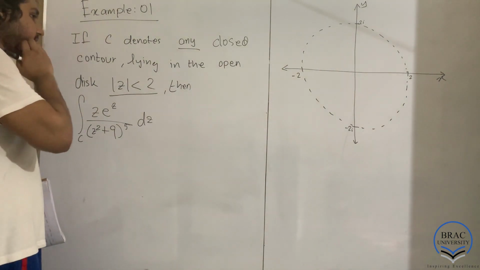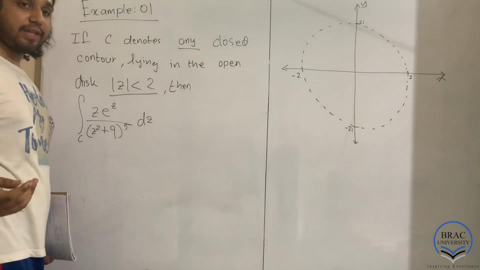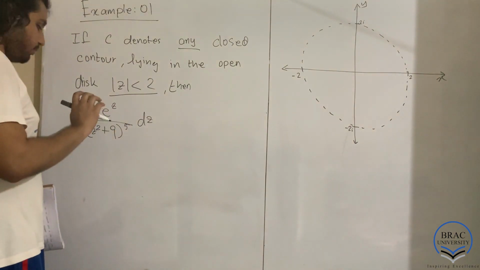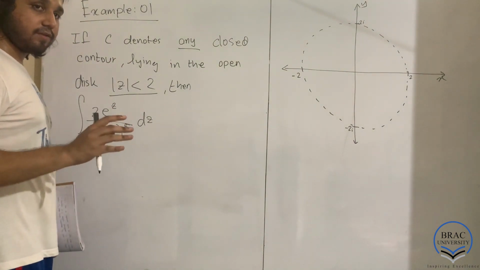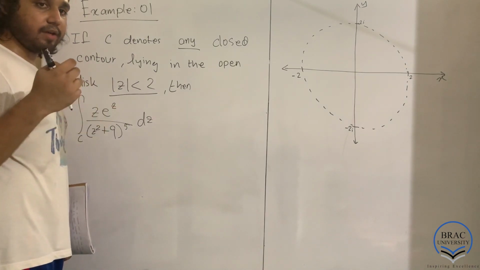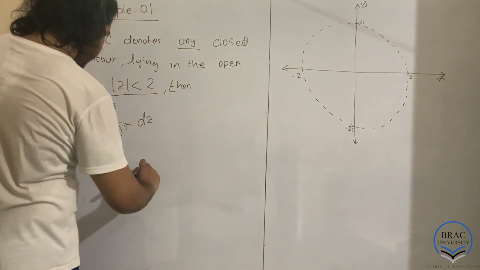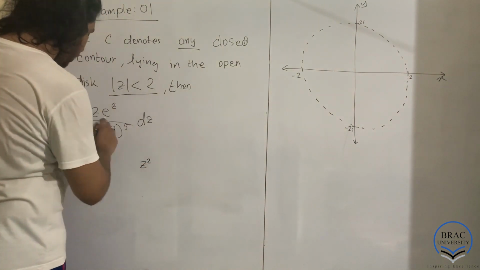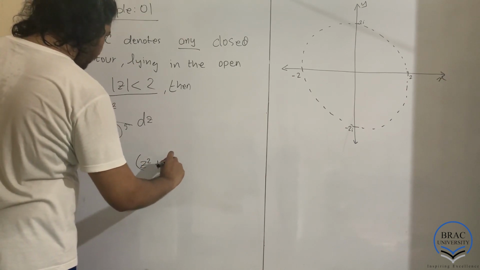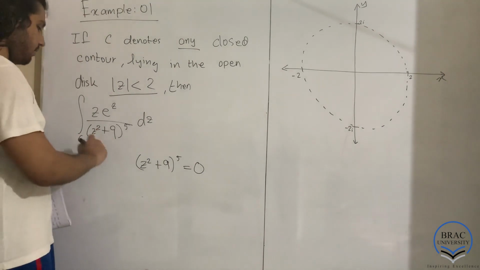So we need to find the points z which cause discontinuities. Let's use the brute force method: directly set the denominator to 0 and find, using algebra, what values of z give 0 in the denominator.